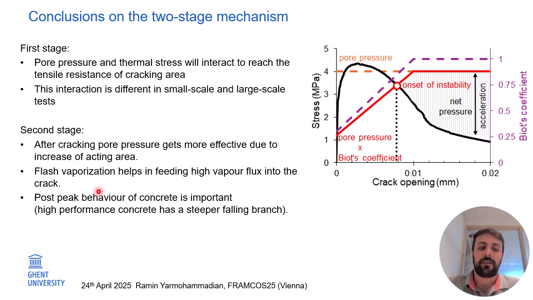And it is also important to mention the post-peak behavior of concrete, or the falling branch after the peak, which is really important because it's the only resistive force in the instability. So if we have a high performance concrete which loses its energy in a very fast way, we lose all the strength or all the resistance very fast. That's why in high performance concrete we have a higher risk of spalling than in normal concrete.